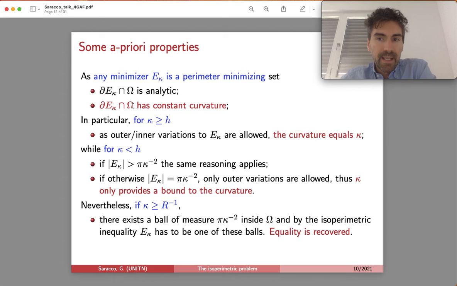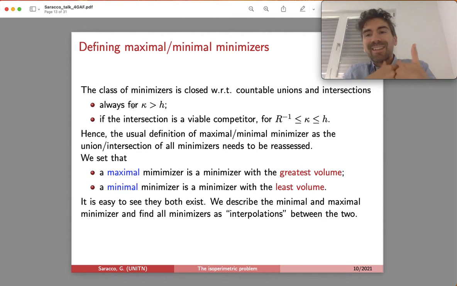Okay, and then another thing I would like to do is to define maximal and minimal minimizers. A priori you can have many minimizers of this problem. Maybe it is unique, maybe it is not, and I will give you examples where you don't enjoy uniqueness. The good thing is that the class of minimizers is closed with respect to countable unions and intersections when kappa is strictly greater than the threshold value.